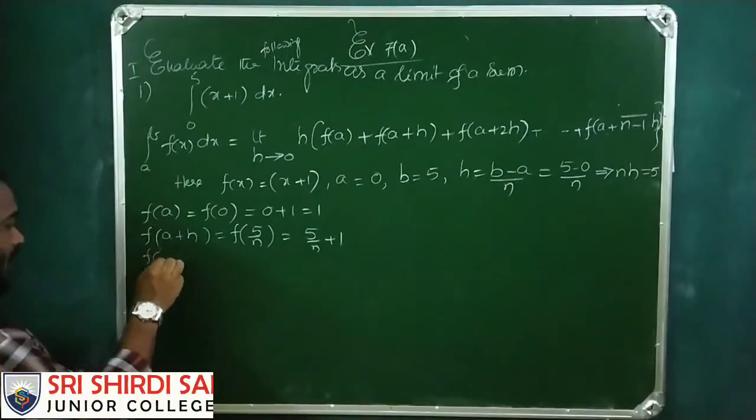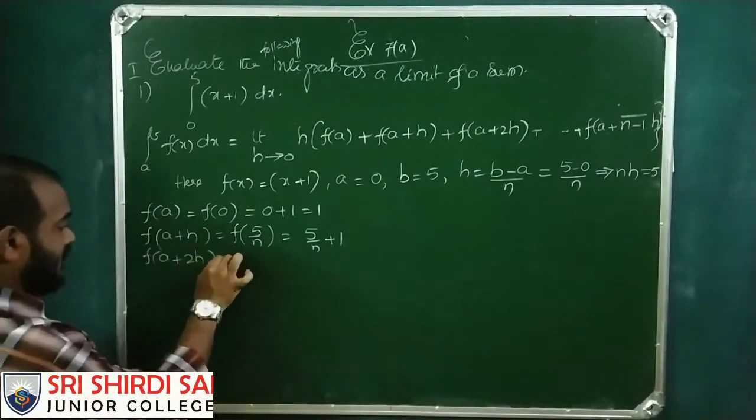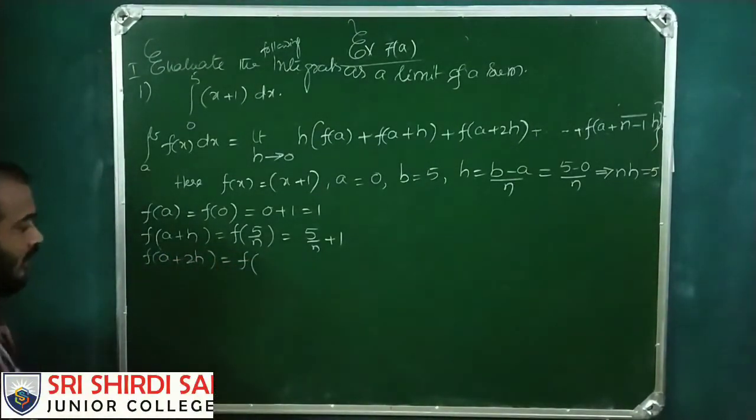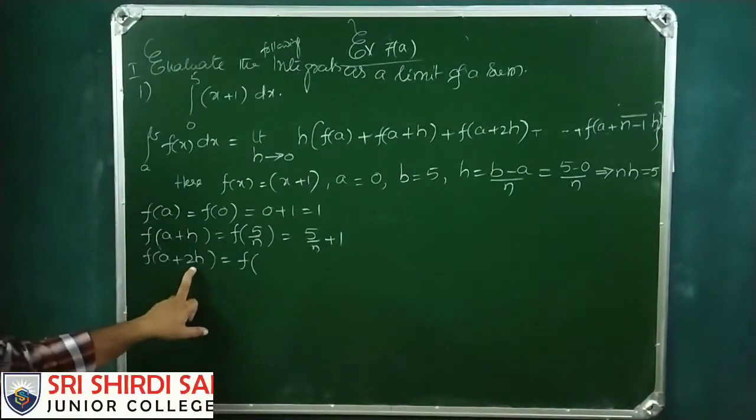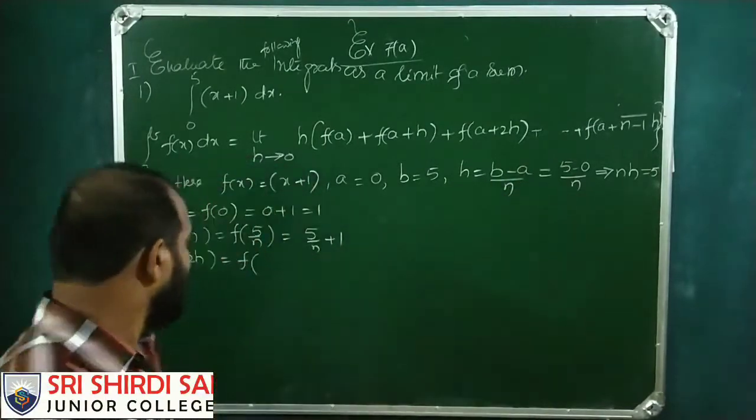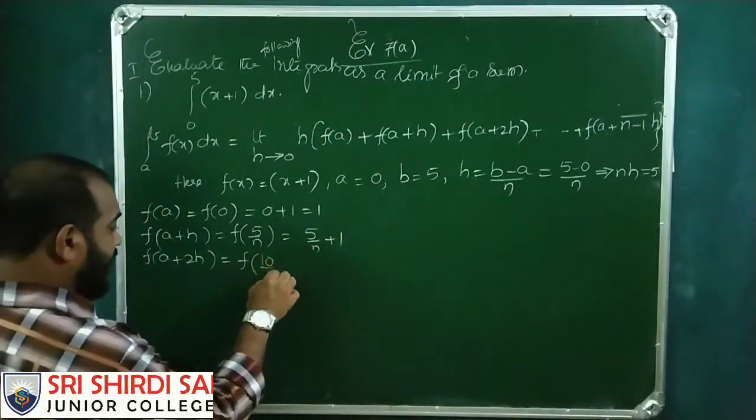f of a plus 2h is equal to f of 0 plus 2h. So 2 into h value, which is 5 by n, 2 5s are 10 by n.